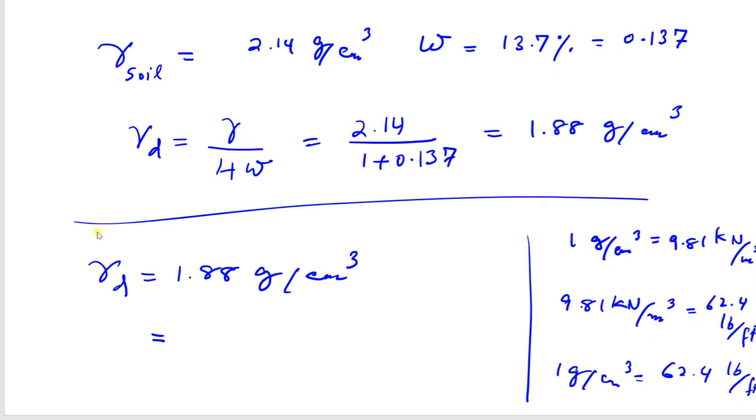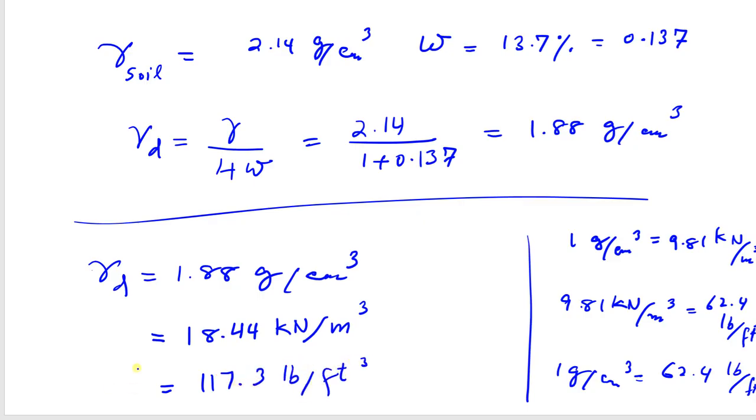So if we convert this, 1.88 is going to become 18.44 kilonewton per meter cube, or if I convert it back to pounds, this is going to be 117.3 pounds per cubic foot.